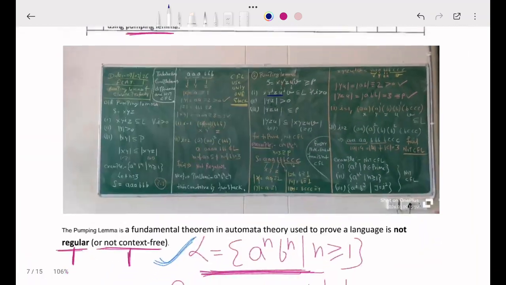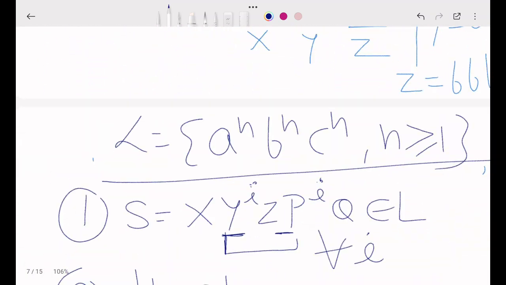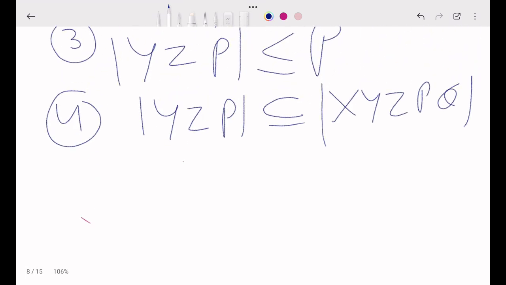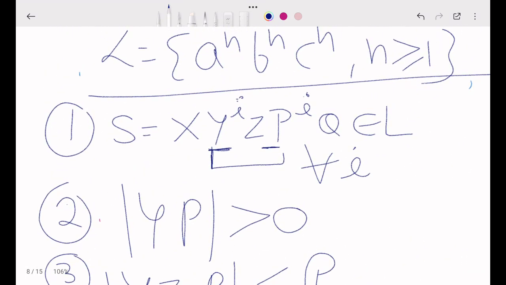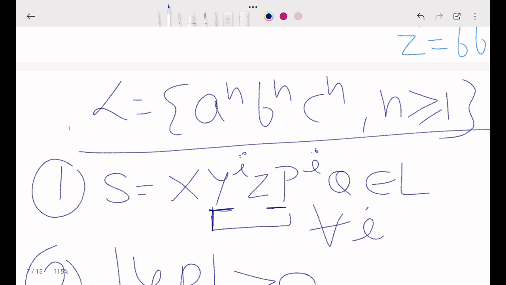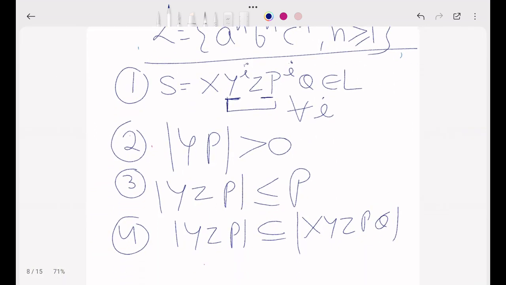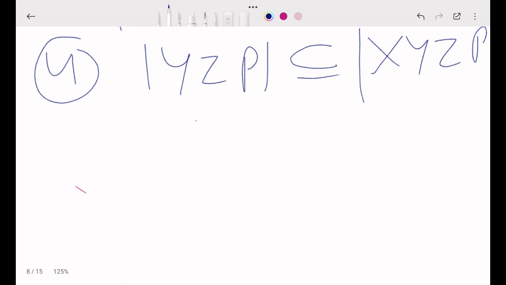Now see here, I will solve this question. You have to find only one contradiction. No need to check left, right, middle, something. Now suppose I am taking n is equal to 3 again.